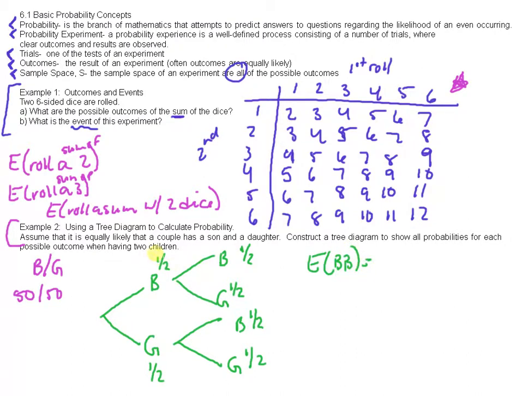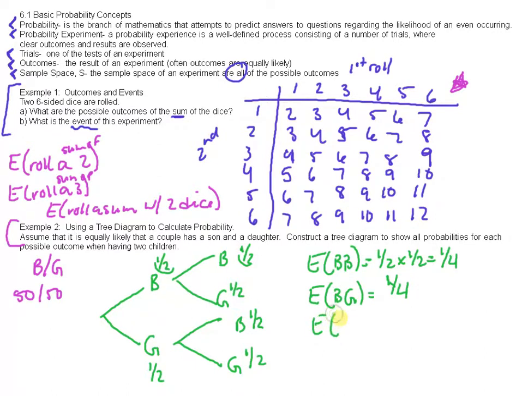Okay, so we can have the event of boy, boy. And just to show you a little bit of an extension, we have 1/2 times 1/2, so it's a 1 out of 4 chance that you get 2 boys. The event of a boy-girl combination, we have 1/2 times 1/2, so that's 1/4 again.